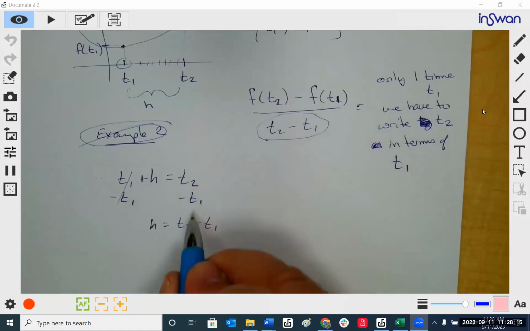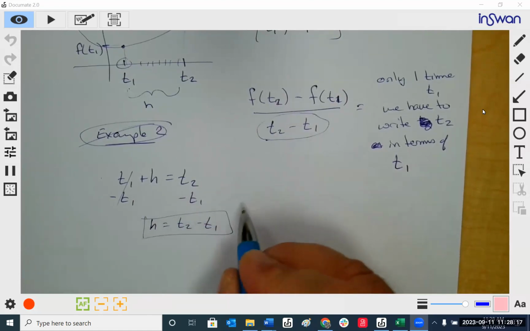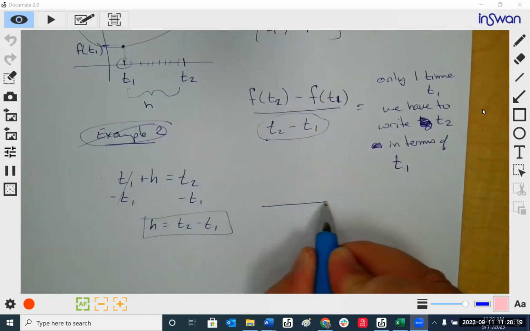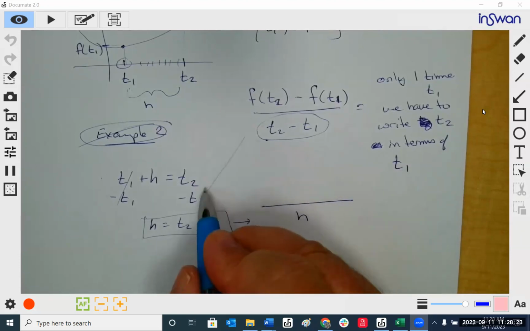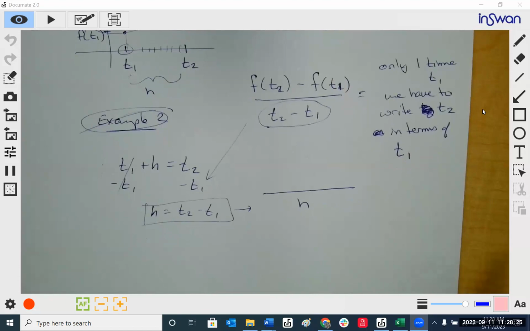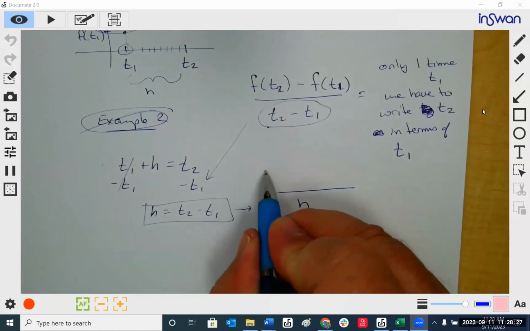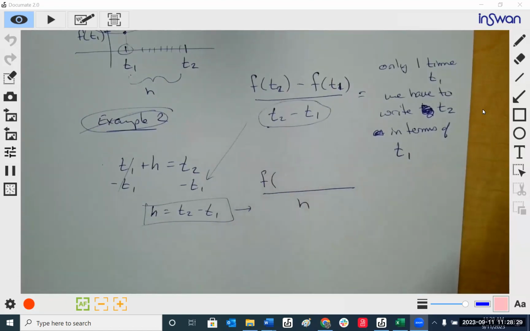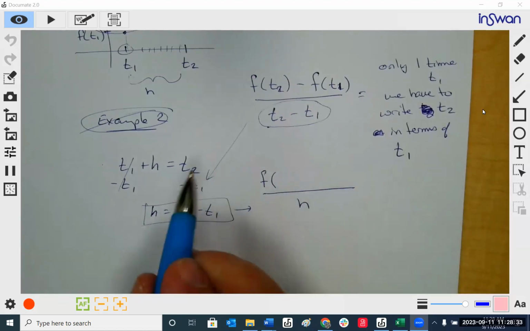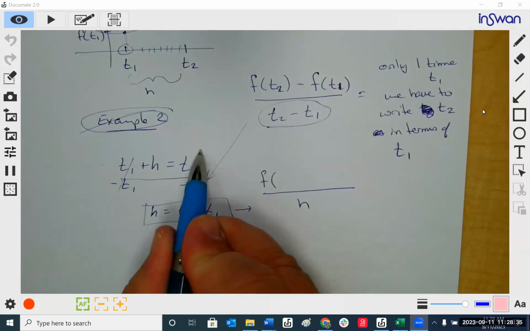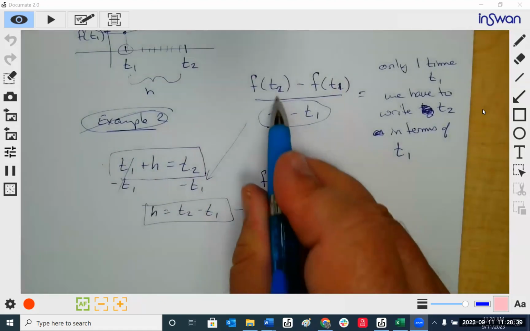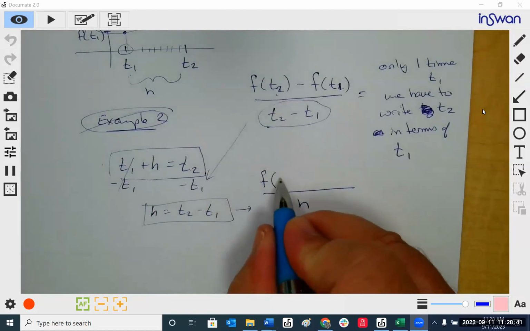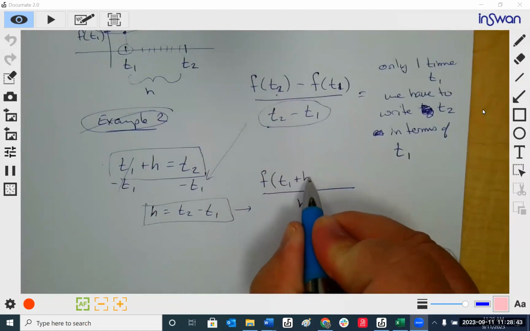So that bottom now becomes H. And here, to get from T1 to T2, we have to add H units. So T2 is actually T1 plus H.